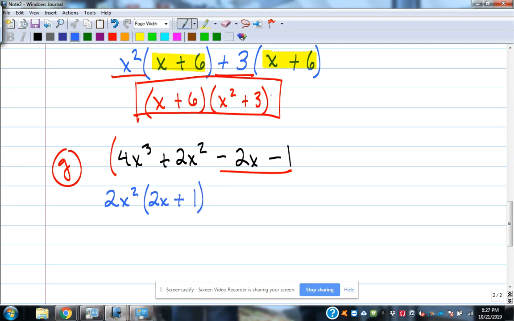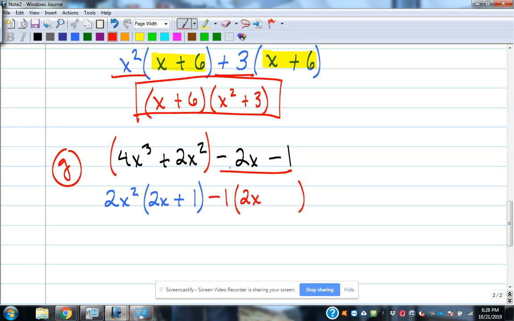Okay. Now, here's the tricky part. The second half has a minus 2x and a minus 1. What do those two have in common? A minus 1. They're both divisible by negative 1. They're both negative. So if we factor out a negative 1, what times negative 1 gets me negative 2x?